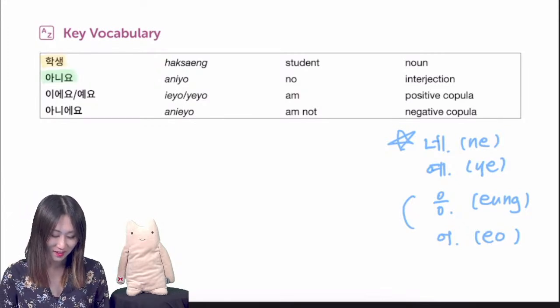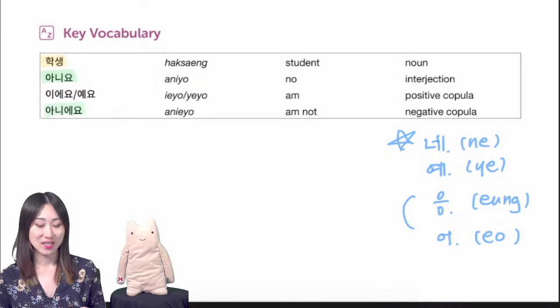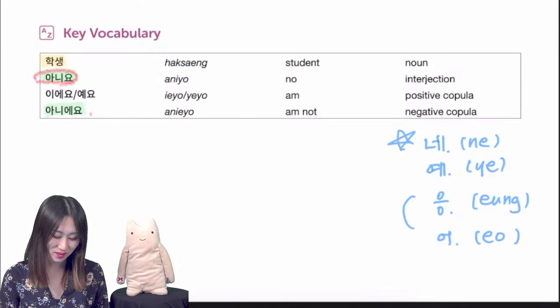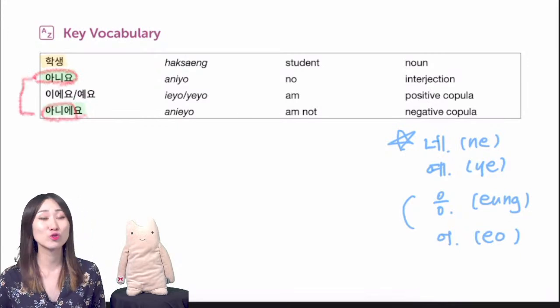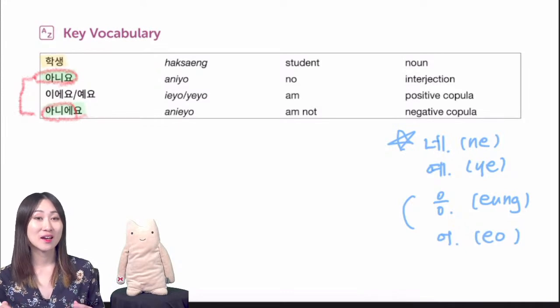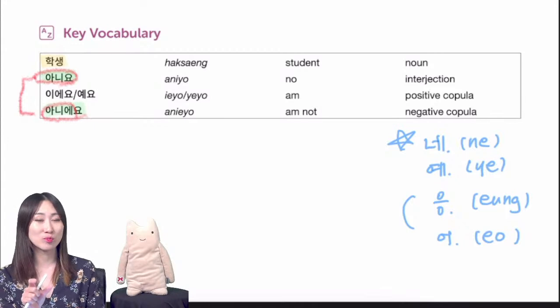And let's look at this. 아니에요. It means "am not". The reason why I'm introducing these two words at the same time is many students are confused with these two words. They make mistakes. Please remember, 아니요 is a single expression. 아니요, nope.